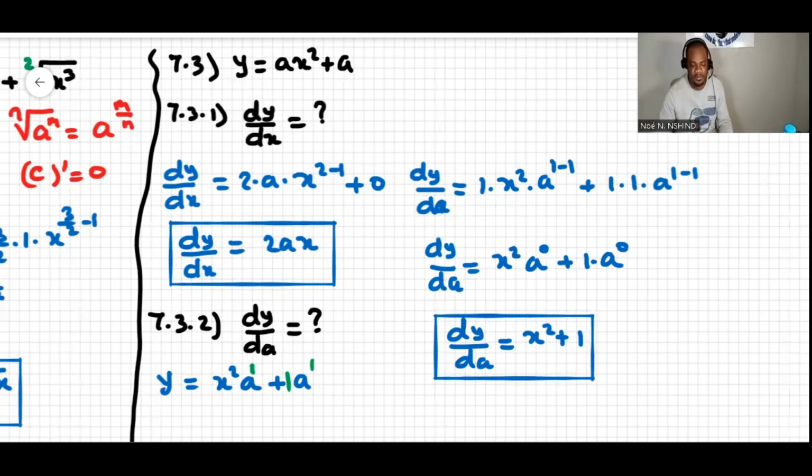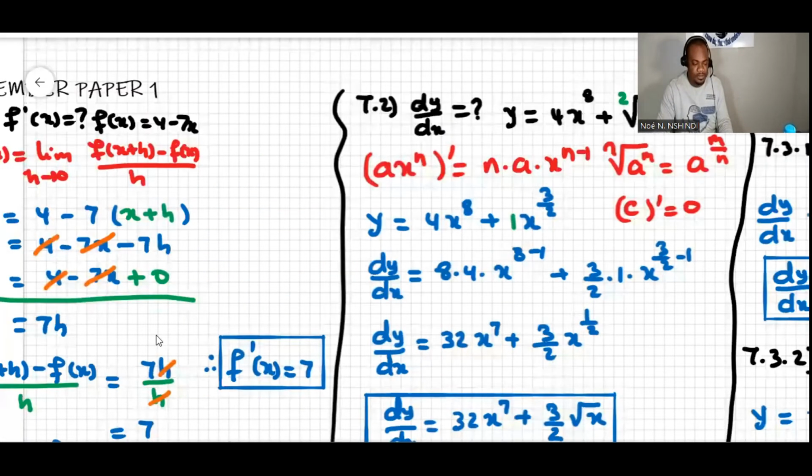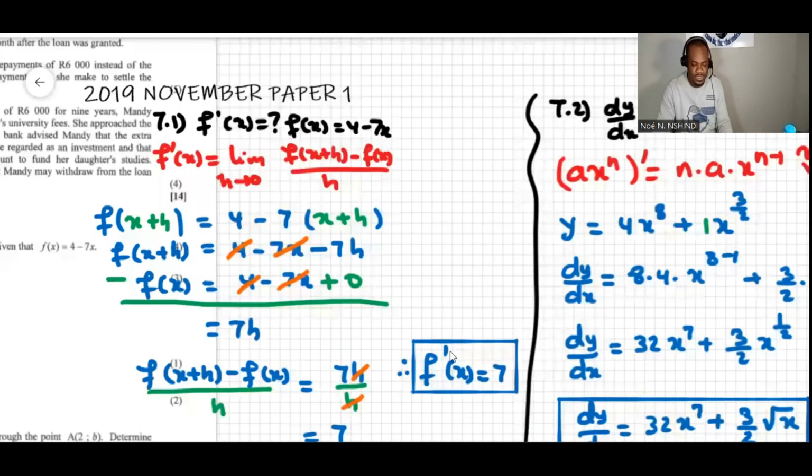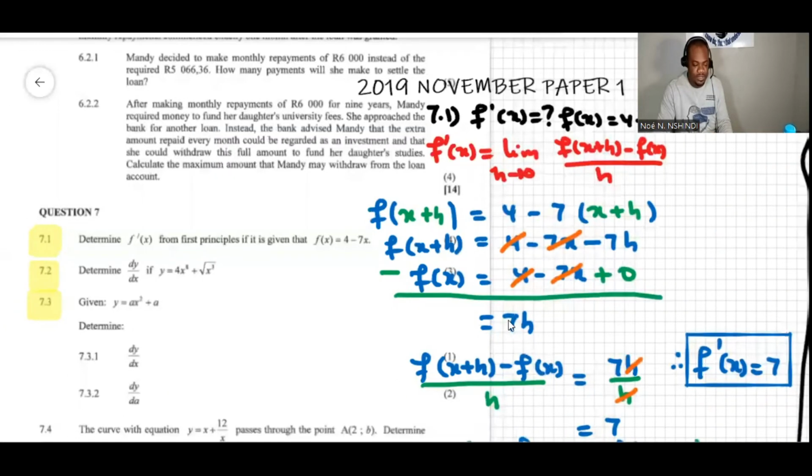Okay, and then, thank you. Oops, I think there's another question, 7.4. Let's see, 7.4. Oh yeah, there's another one.